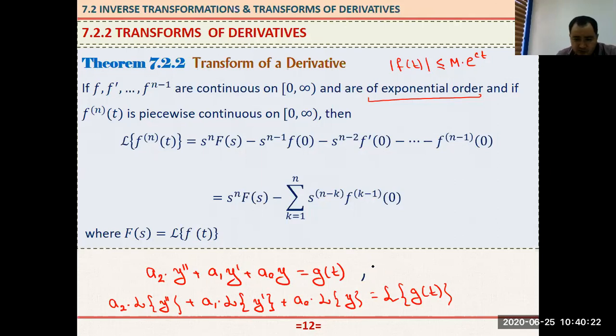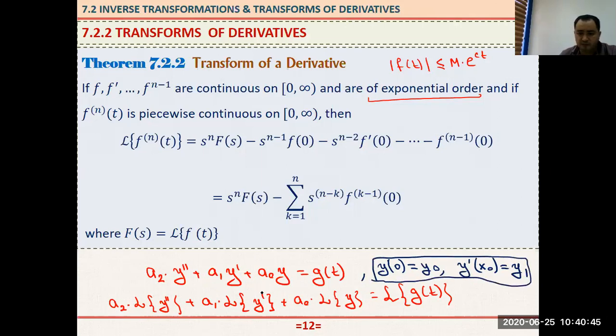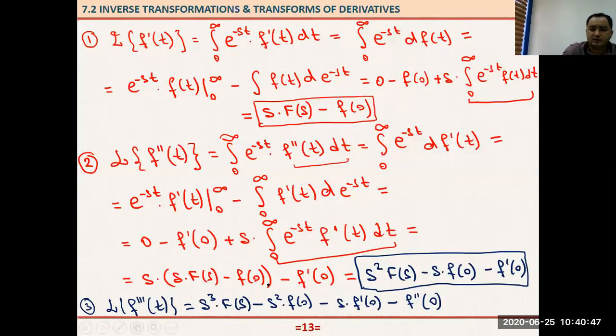That is, for example, the value of the function at 0 equal to y sub 0, and the derivative of the function at that point, for example, y1. If you're given these 2 conditions, then I will be able to solve this initial value problem. Okay, that's all about this.